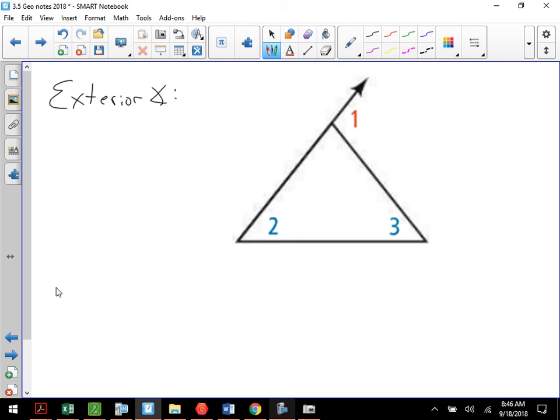An exterior angle lies on the outside of an interior angle. I think the easiest way to think about it, trying not to use as many words, is that it's the linear pair to an interior angle. It's the supplementary angle to the interior angle.